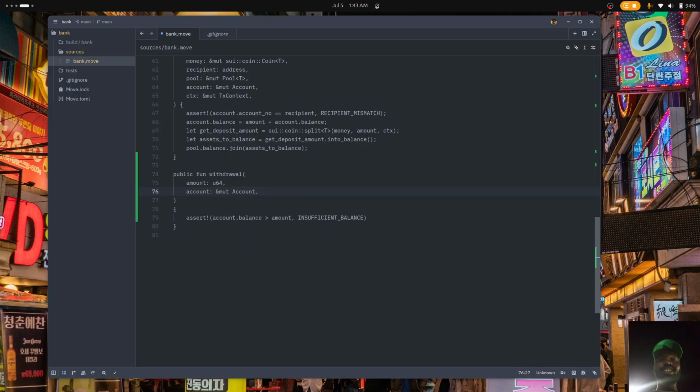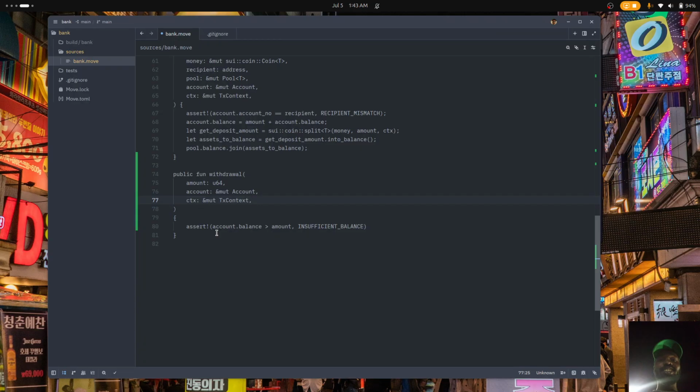Here, or CTX. I think that's the simplest way. So then there's nothing that has to be checked, right?